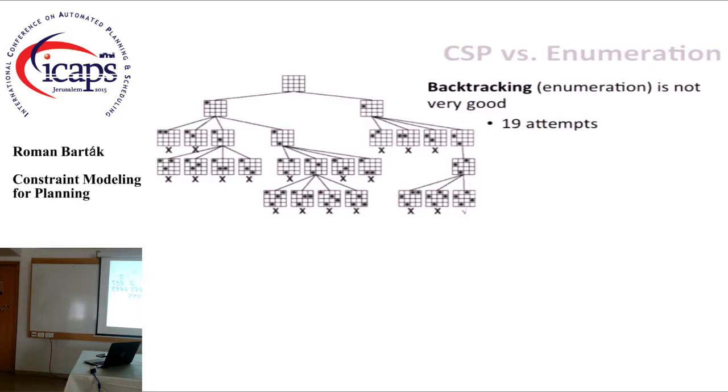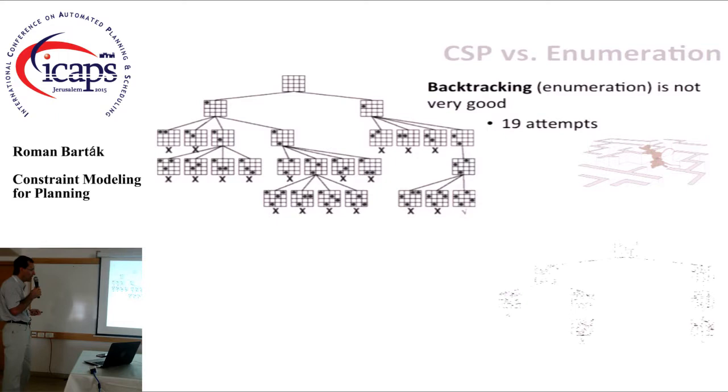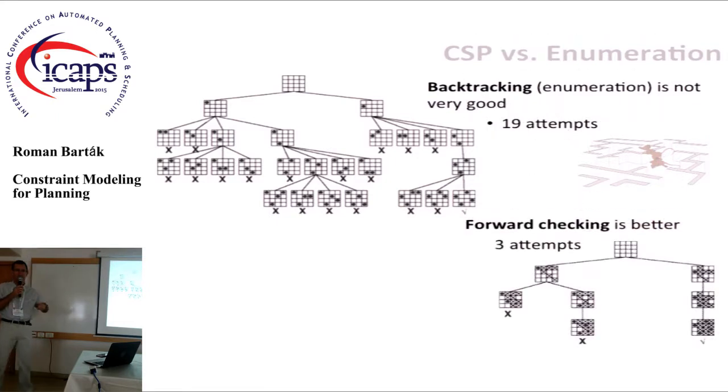So we need 19 attempts to find a solution, and we really need some strong heuristics to guide the search if you want to use pure backtracking without anything else. If we introduce just the forward checking that I showed you at the beginning as an example of how we can solve constraints, we just need 3 attempts. And forward checking means that we just verify the constraints in one direction, right? So we assign the value and we propagate it in one direction.